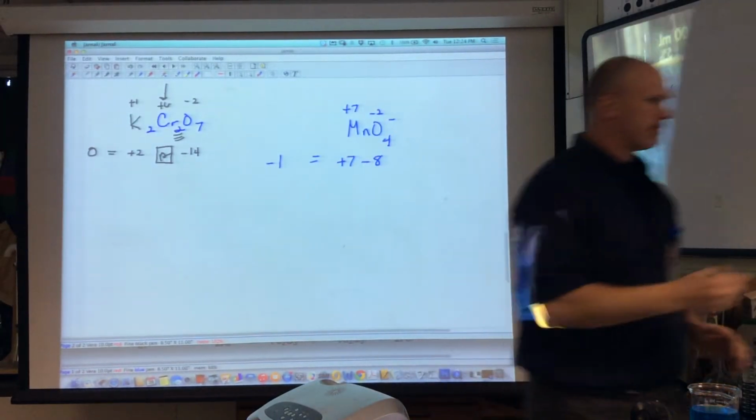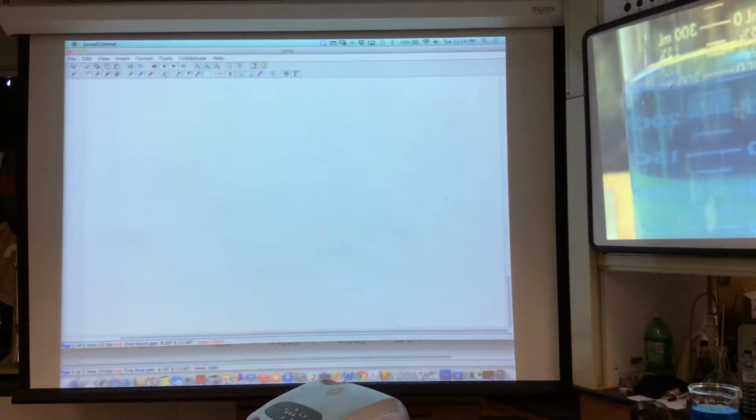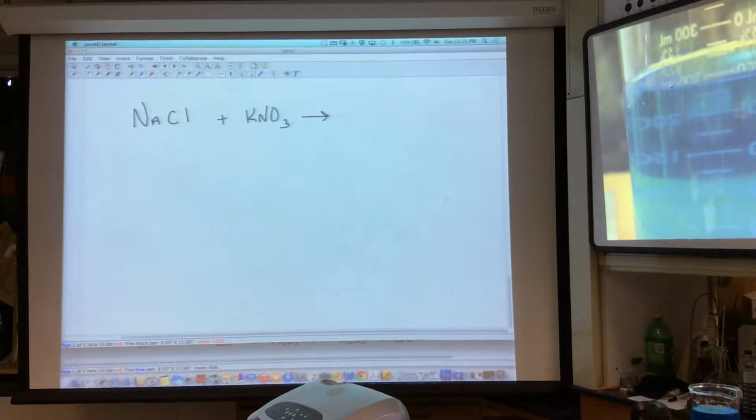Let me give you an example. We talked about this. Check this out. What if I had sodium chloride and I had potassium nitrate? Just to give an example. What kind of reaction would happen if I split the ions and I switch the pairs? What do we call that?